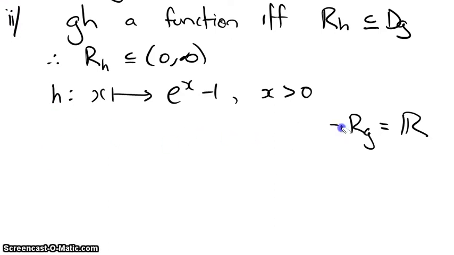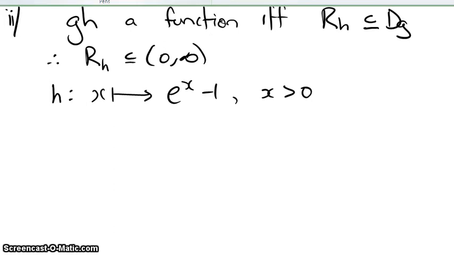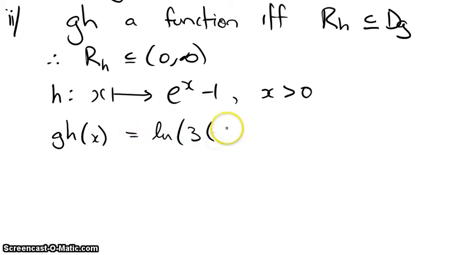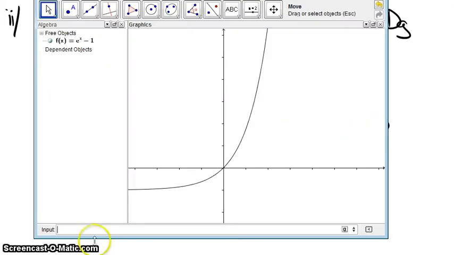Well, we could try and calculate what gh is. So gh of x is equal to ln 3 e to the x minus 1. And we remember we also need x to be strictly bigger than 0. So let's draw that graph.